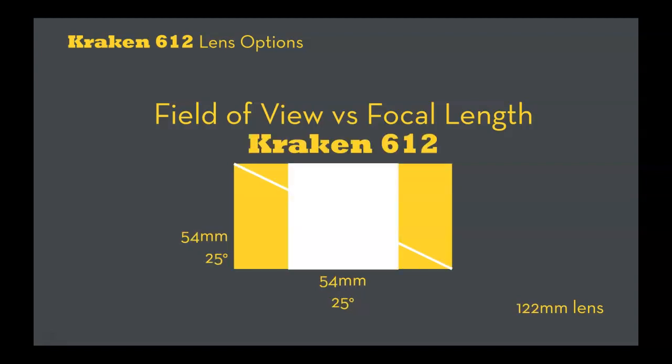So in order to get that 38 degrees, we need to go to an 80 millimeter lens on the Kraken. What this does is it gives you 37 degrees top to bottom, and 69 degrees side to side.